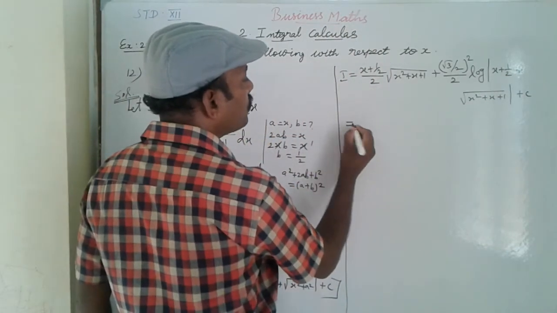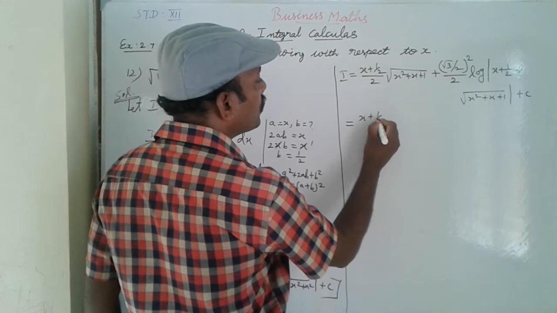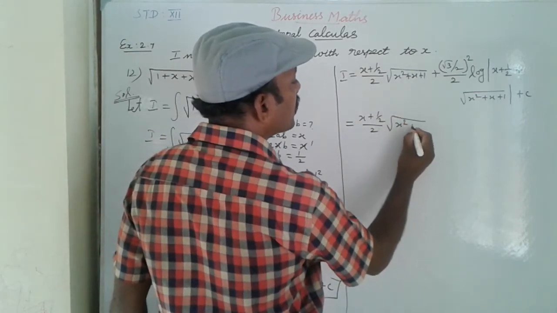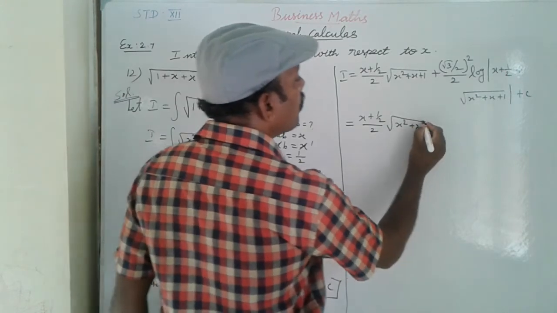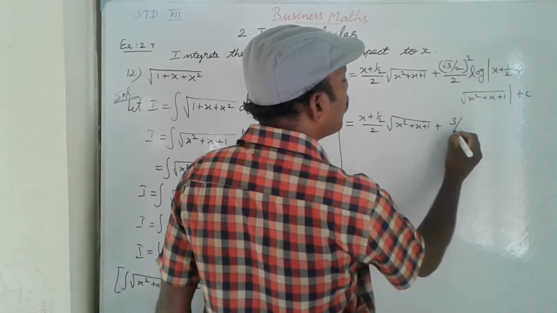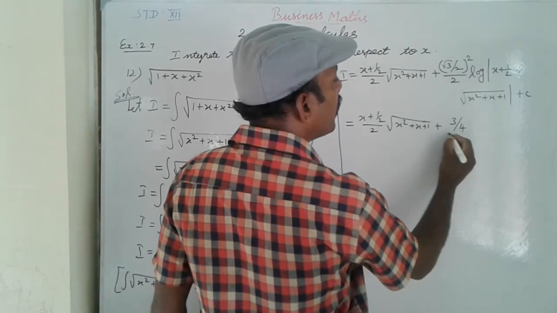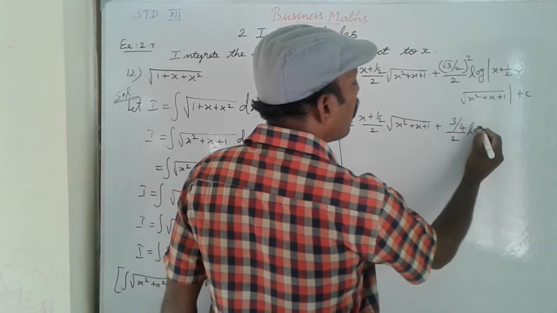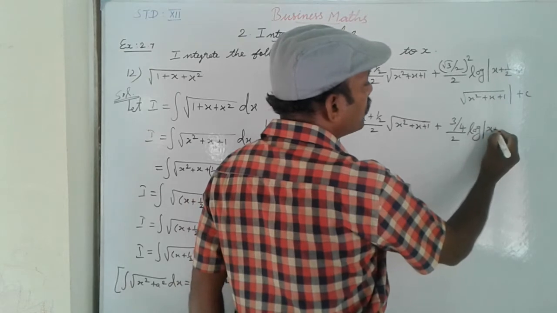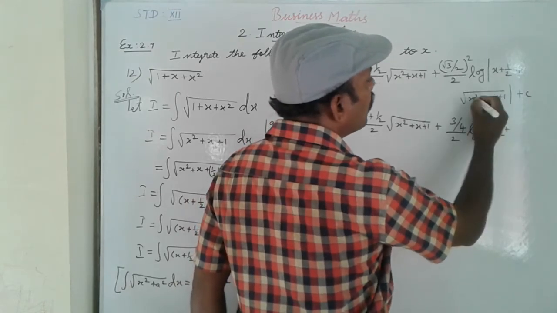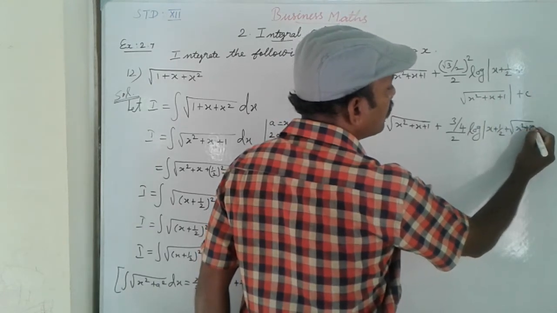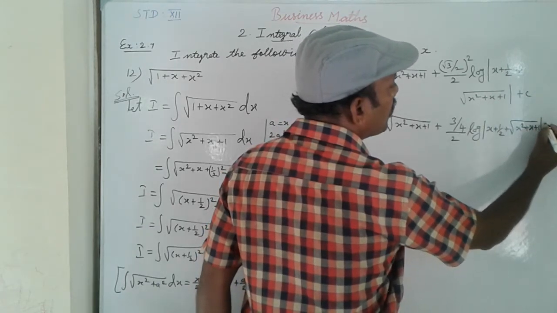That is equal to x plus 1 by 2 divided by 2 root of x square plus x plus 1 plus root 3 whole square. Root 3 square is what? 3, divided by 2 square is 4, divided by 2 log modulus of x plus 1 by 2 plus root of x square plus x plus 1 plus c.